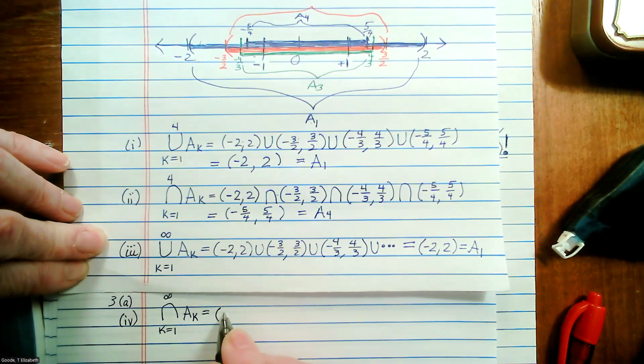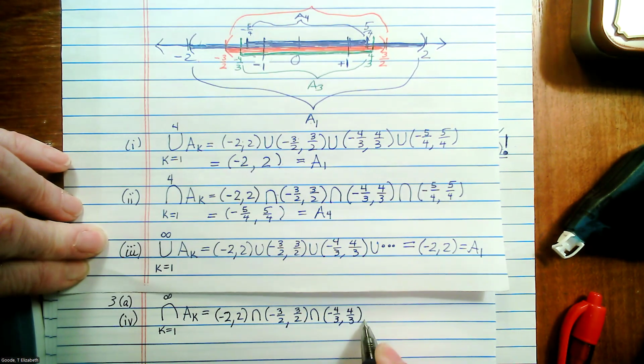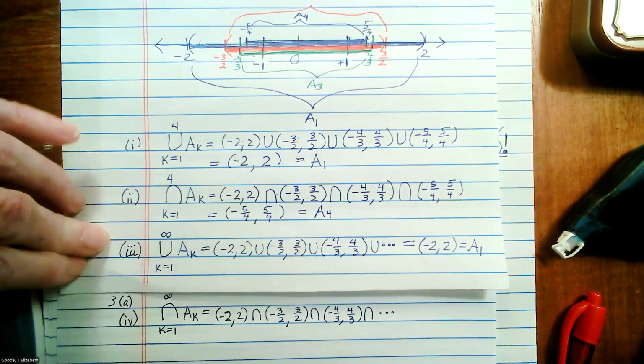These sets just keep getting smaller and smaller and smaller, but you have hit on a key fact. No matter how far we go with this game of listing these, yes, they get smaller and smaller.